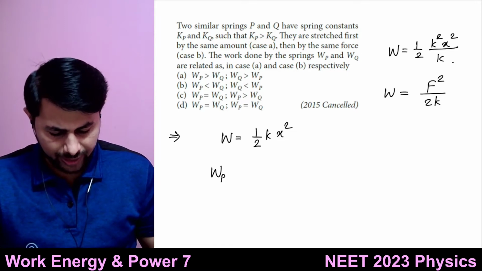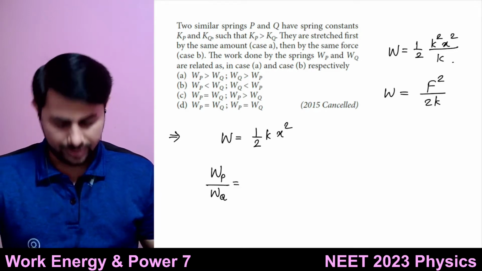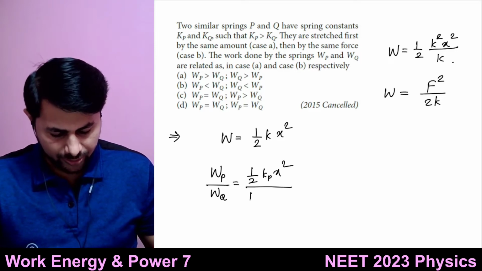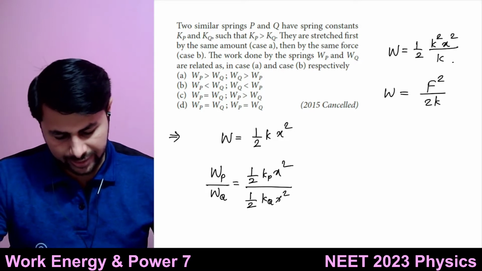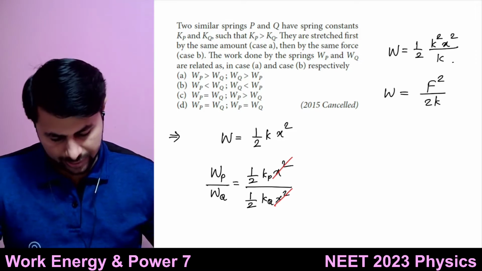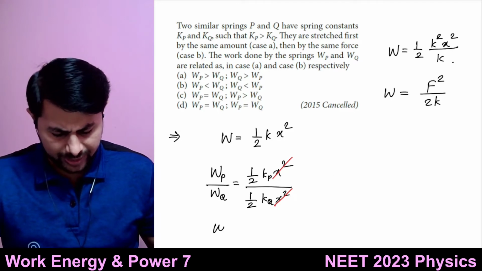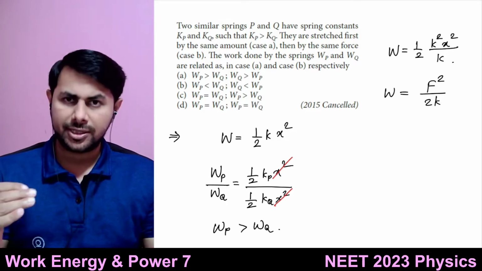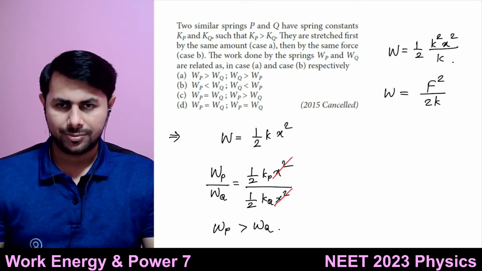So Wp upon Wq is equal to half of Kp times x square upon half of Kq times x square. When they are stretched by equal distance, Kp is greater than Kq, that means Wp will be greater than Wq. Wp is to Wq as Kp is to Kq.